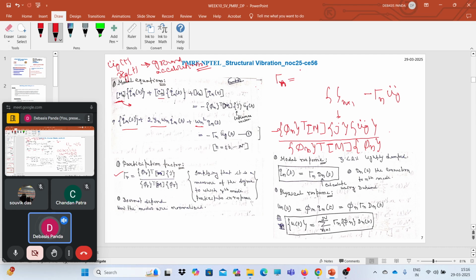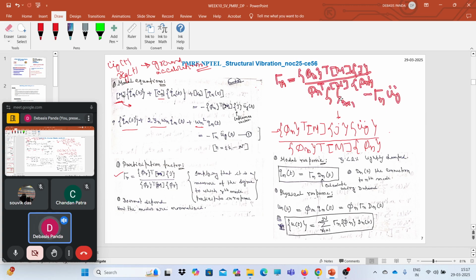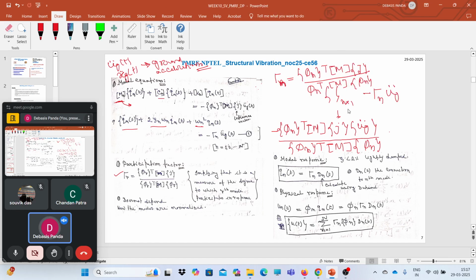So it will look like phi n transpose m into the influence vector j divided by phi n transpose m phi n, and this will tell us how that particular nth mode will influence the responses.